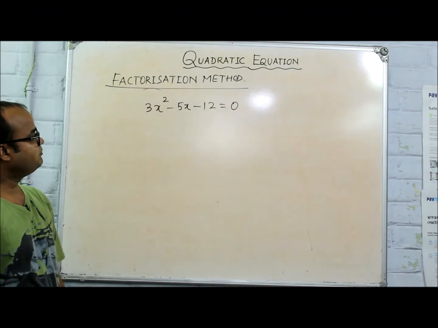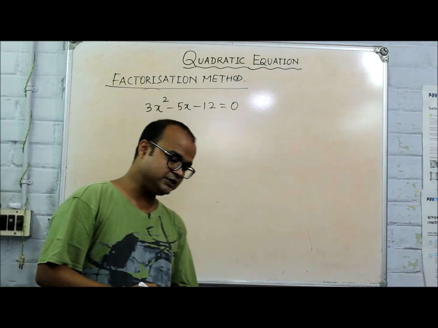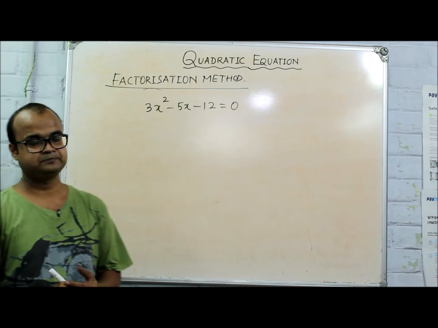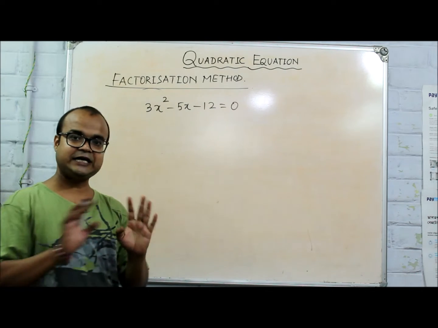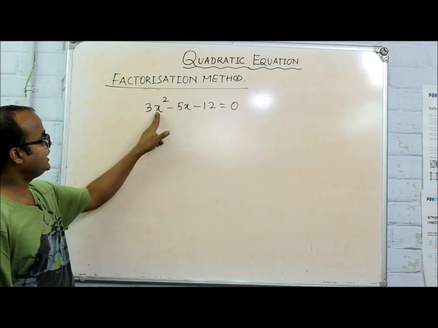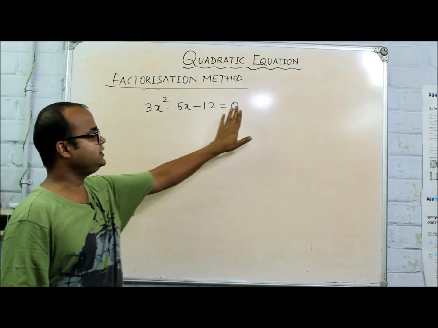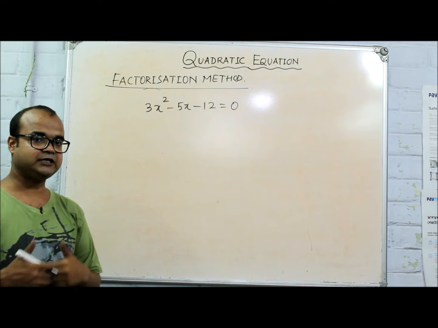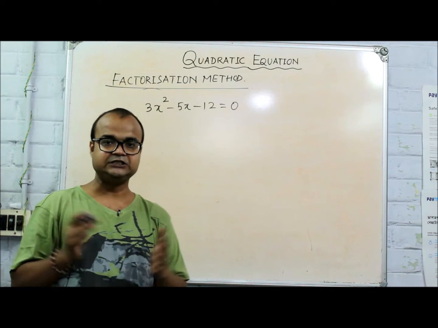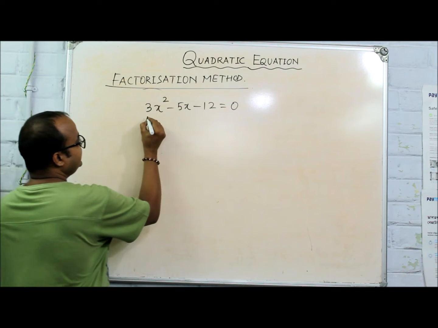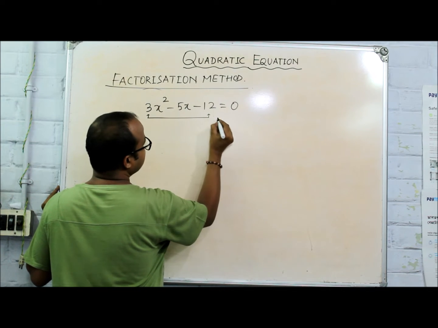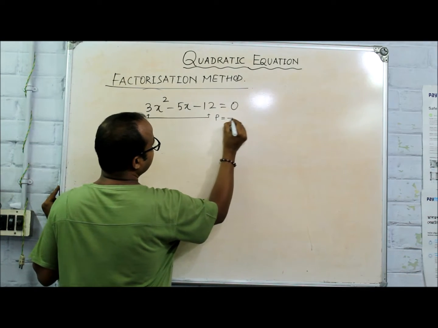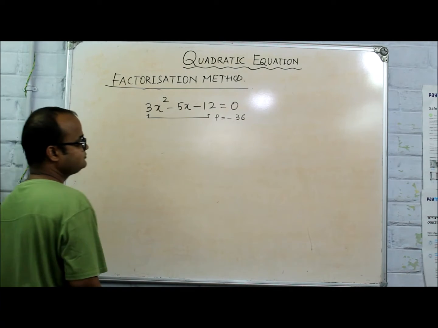3x square minus 5x minus 12 is equal to 0. See, the equation is already given in the standard form: square term, linear term, constant is equal to 0. So directly we need to apply the middle term factorization. Here the product is equal to minus 36.